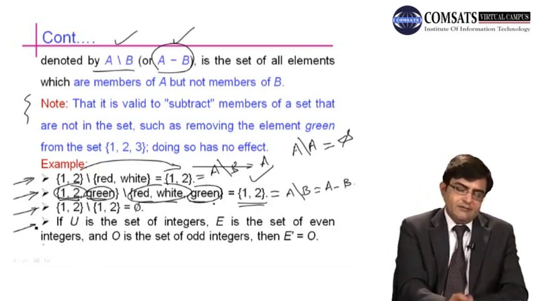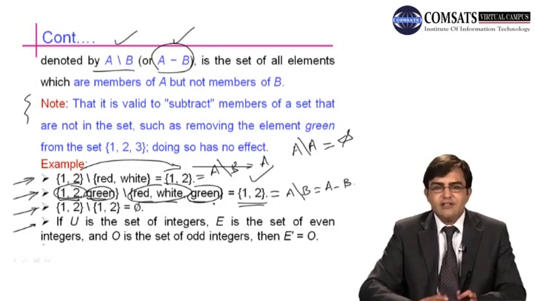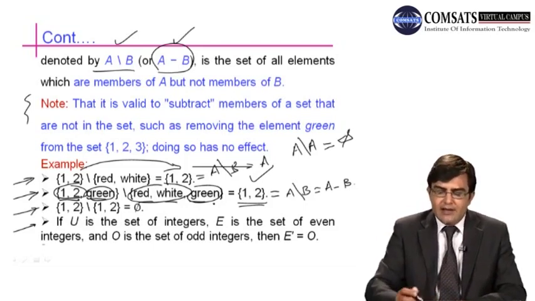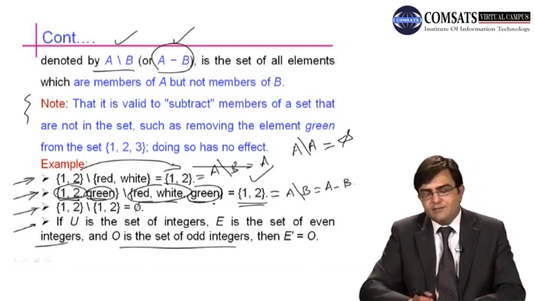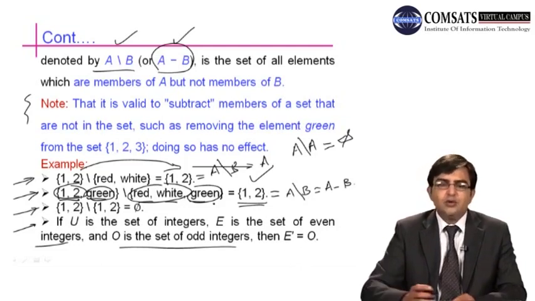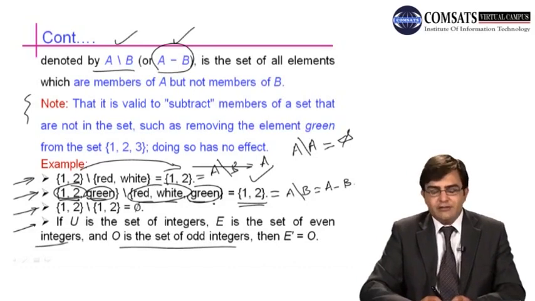In the next example, U is the set of integers which contains positive integers, negative integers, even numbers, odd numbers, and E is the set of even integers, O is the set of odd integers. Then E complement is O. You have already studied the complement of a set with respect to the universal set.